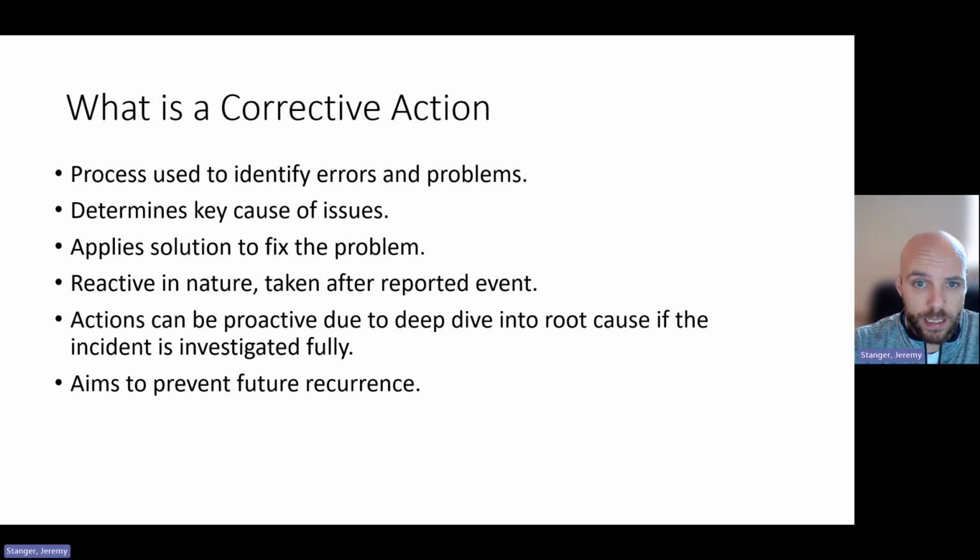So we determine key causes of issues, which is good. We figure out the key causes, we implement a corrective action. Hopefully, those key causes go away. Apply a solution to fix the problem. It's reactive in nature and taken after reported events. So when an event occurs, say we had a near miss, somebody maybe slipped and fell, didn't get hurt, but they slipped on something, maybe something wet on the floor from a roof leak.